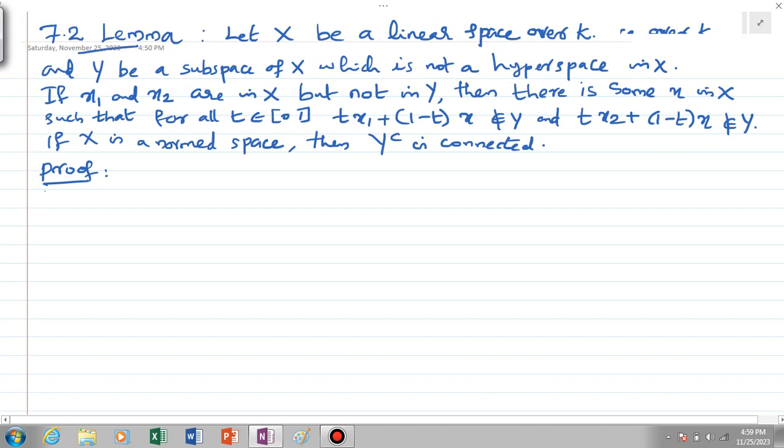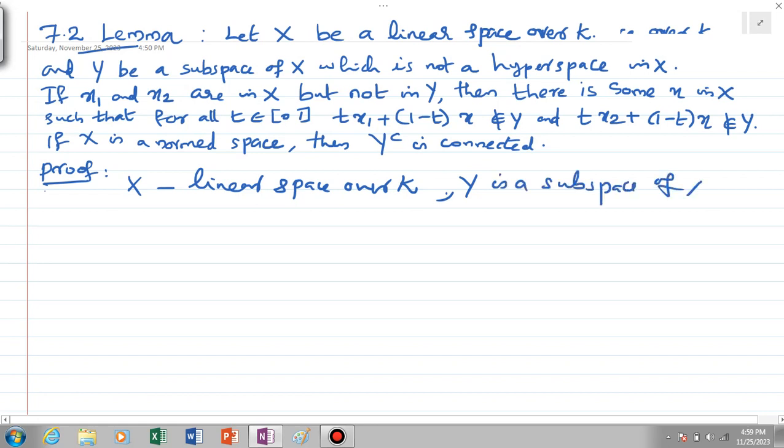So let's consider the proof. We have X a linear space over K and Y is a subspace of X, but Y is not a hyperspace.